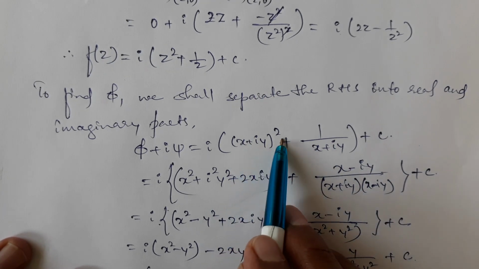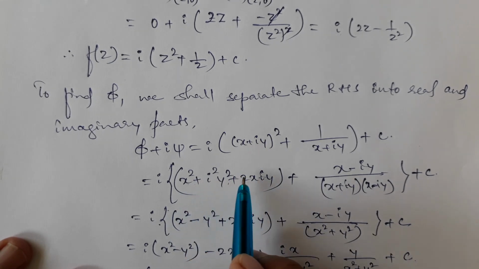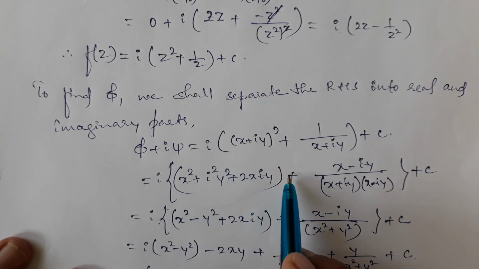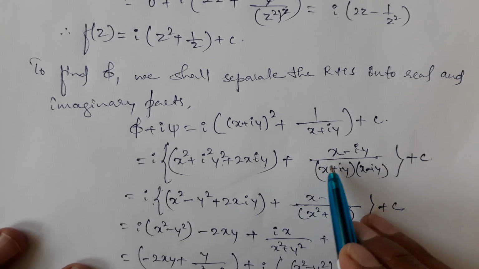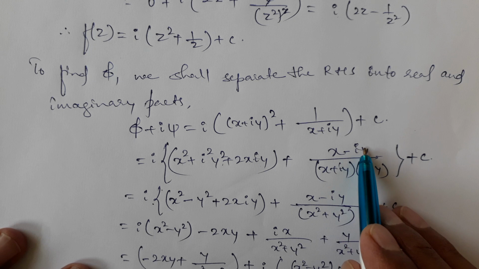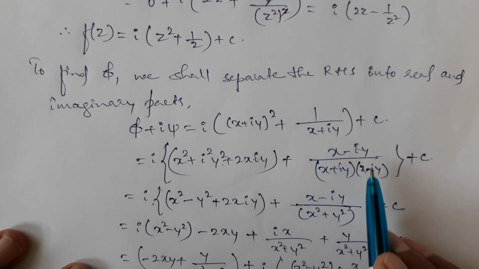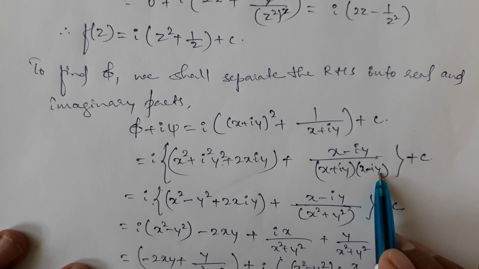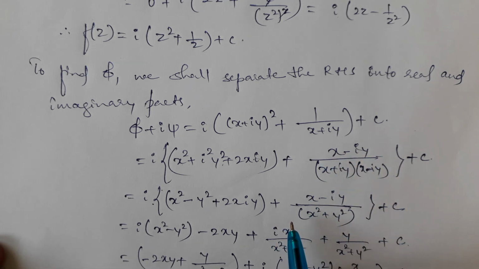Now (a + b)² gives x² + i²y² + 2x·iy, and we can simplify the other term by rationalization. Hence (x − iy)/((x + iy)(x − iy)) by taking the conjugate of the complex number.